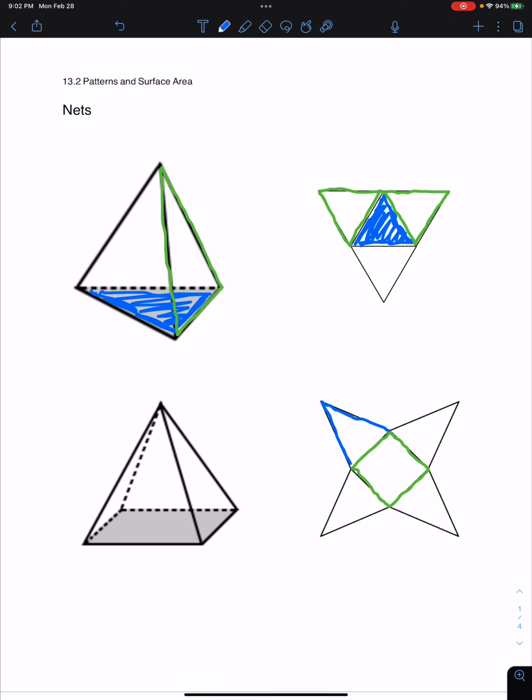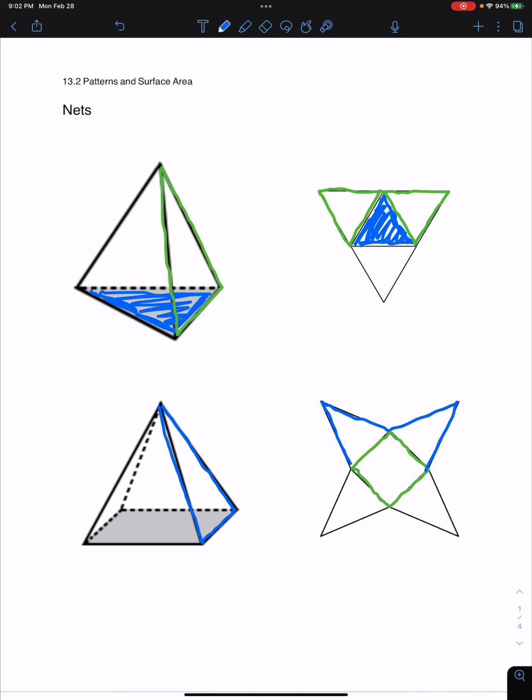So notice that in a pyramid, the side faces of the pyramid are going to be represented by triangles. And that's a little bit easier to see in the 2-dimensional net.